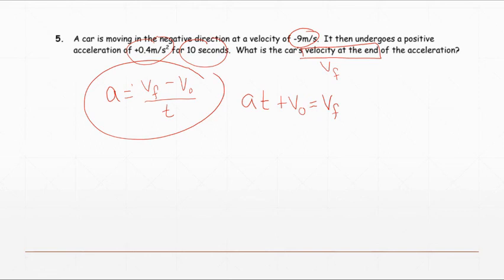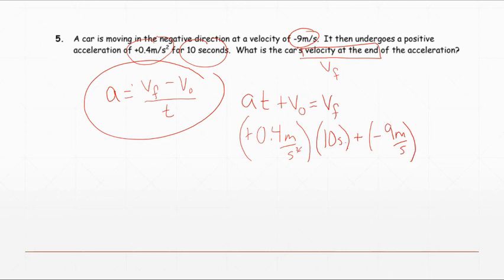And so what that ends up giving me is positive 0.4 meters per second squared times 10 seconds, plus my initial velocity, which is negative 9 meters per second.